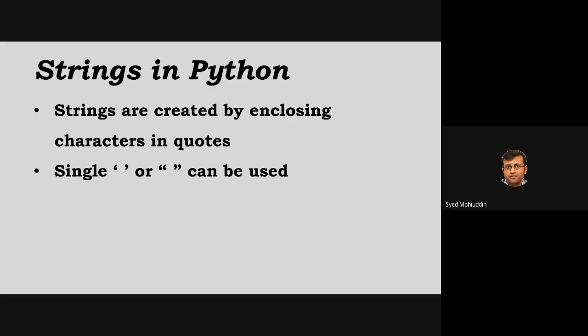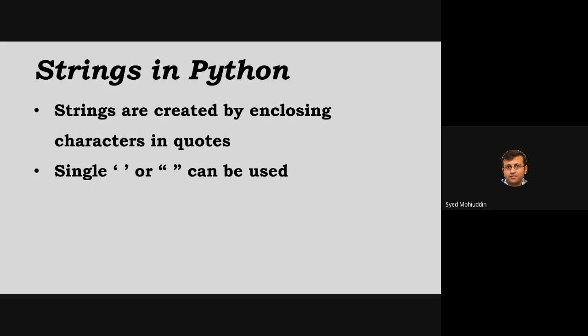Not only that, we can also create strings using triple quotes, triple single and triple double quotes, but we will not go into that detail. Just remember that in Python, strings can be created using single quotes as well as double quotes.